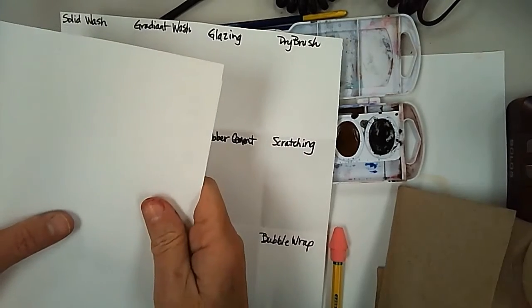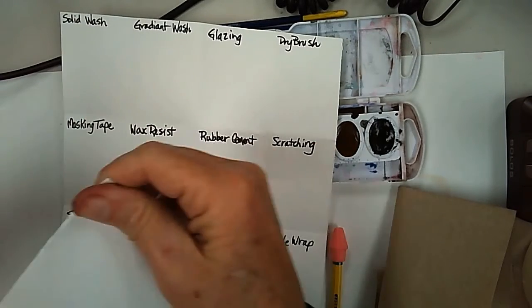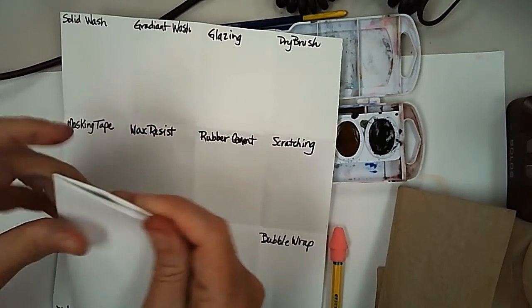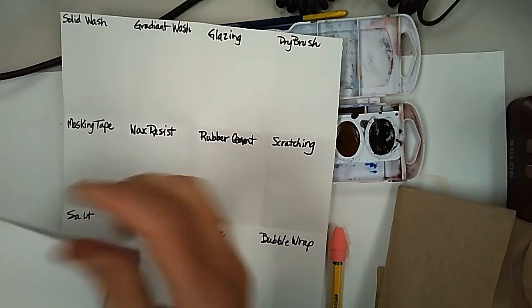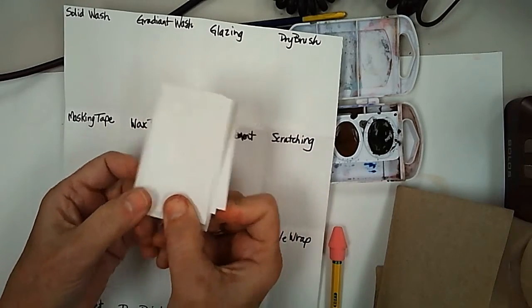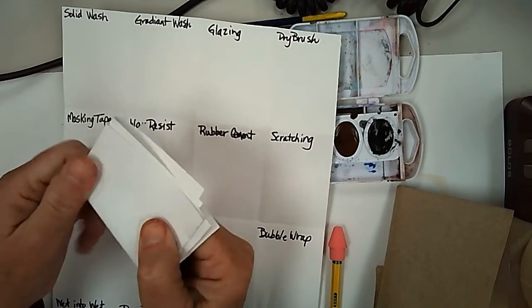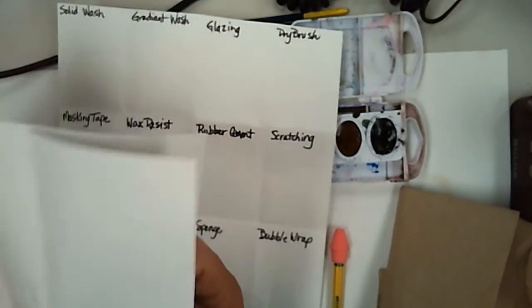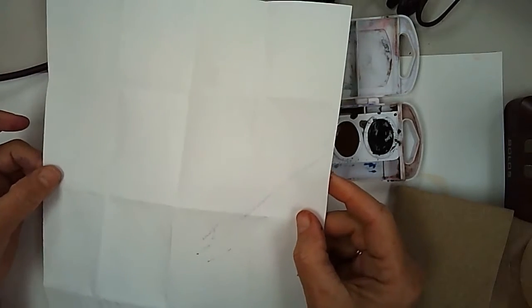Then I want you to fold it in half, and then fold it in half, in half, and in half again, so that you end up with a rectangle. And then when you open this up, you should have 16 fairly equal spaces to do your techniques in.